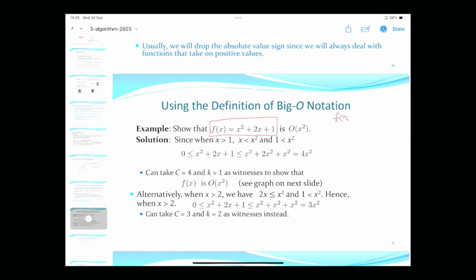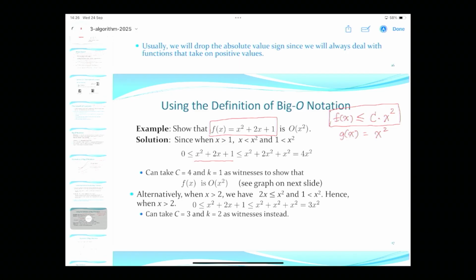That is, whether f(x) is less than or equal to c times x squared or not, where g(x) is x squared, big O. To show that this is true, the function f(x) has to be considered in this form, that is, we have to find a constant times x squared. So how do we do this?